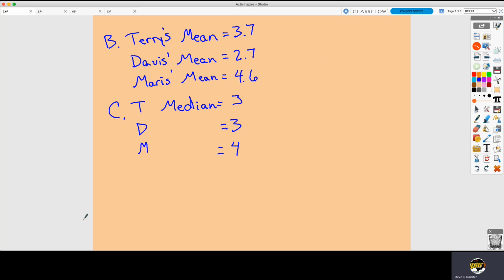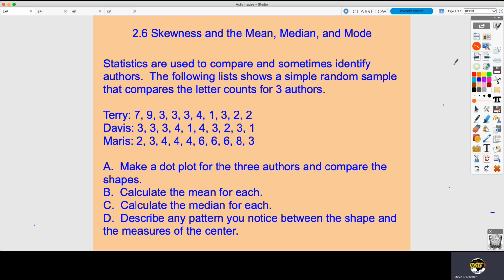All right, so that's letter C. For letter D here, I don't remember what it asks. Describe any pattern you notice between the shape and the measures of the center. Now, the measures of the center are both your mean and your median.